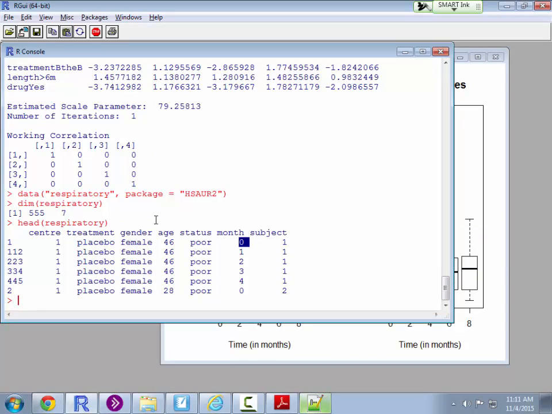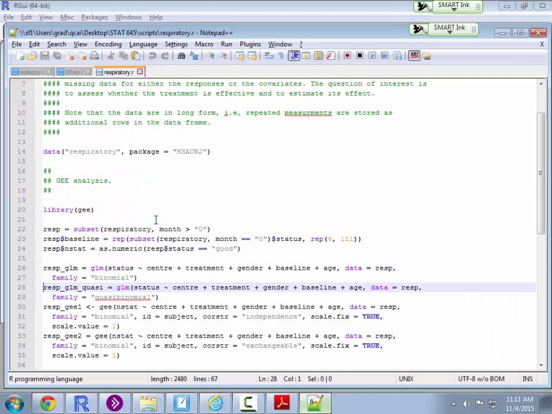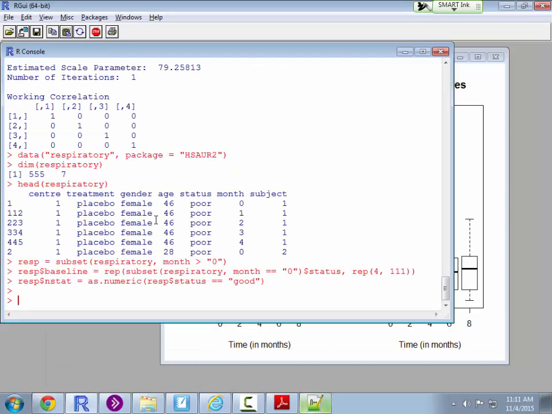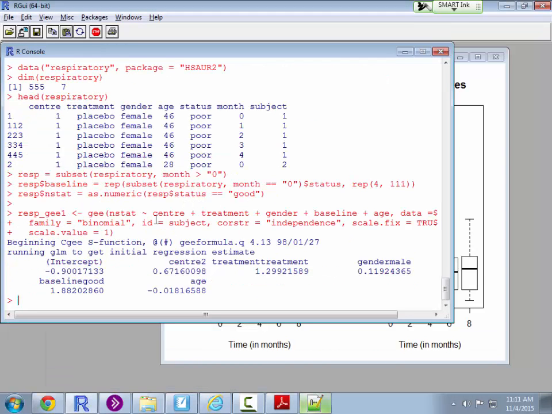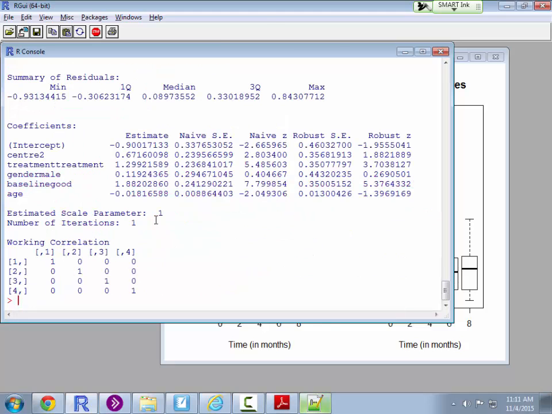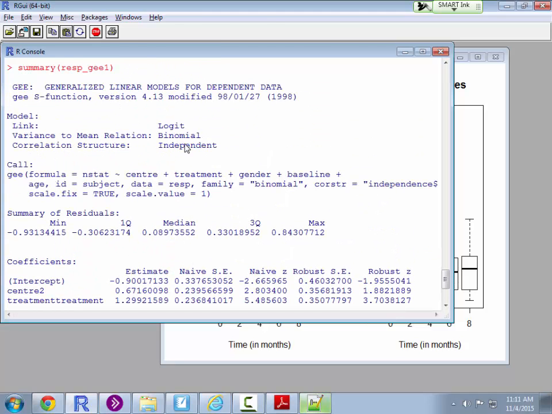So this is different from what we've done so far because of the nature of the response variable. It is binary. You either are in good condition or you are not, which means I want to do logistic regression. So the family that I chose when I did GEE was the binomial family. Binomial is for 0-1 outcomes, success, fail, flipping a coin type thing.